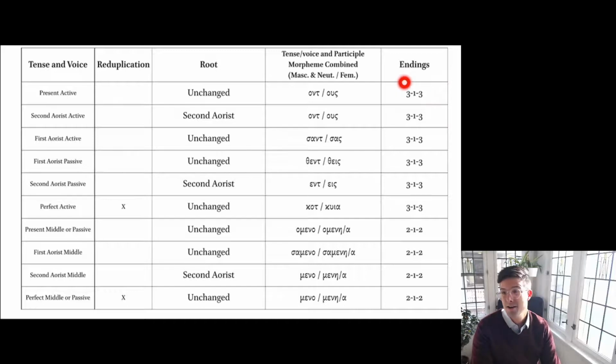Again, I'm sorry, I'm sounding like a broken record, but repetition is helpful for learning. Third declension for the masculine and the neuter, and first declension for the feminine participles for all of these. And then second declension for the masculine and the neuter, and first declension for the feminine participles for all of these ones.